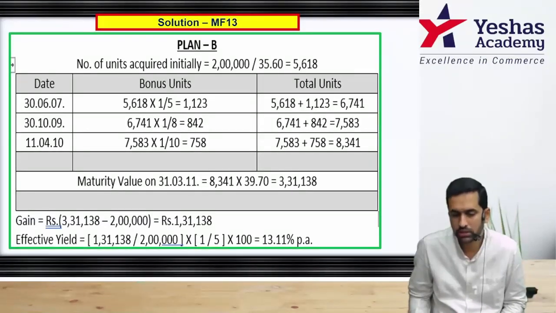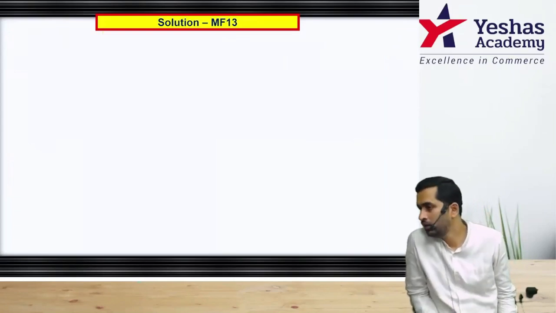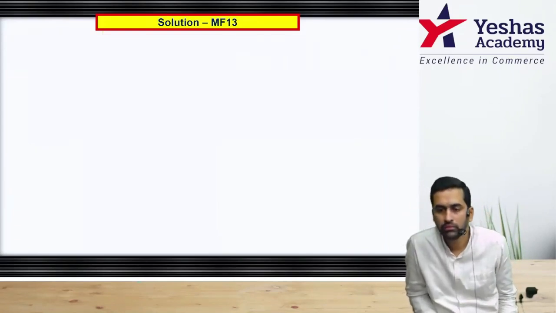One more bonus, and when you add that, I think you'll get 8341 final units.